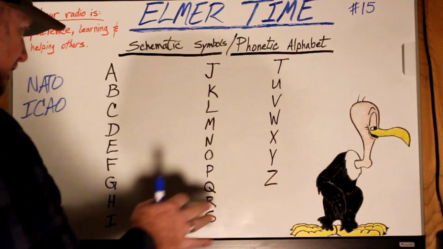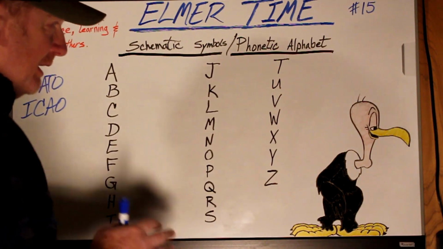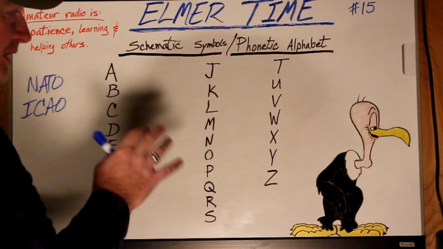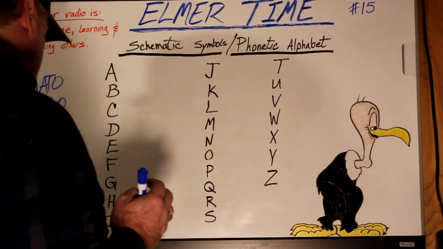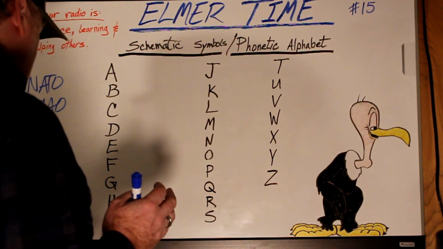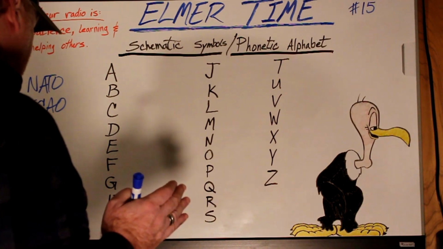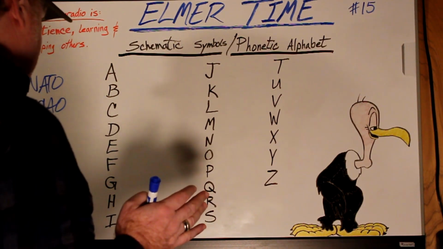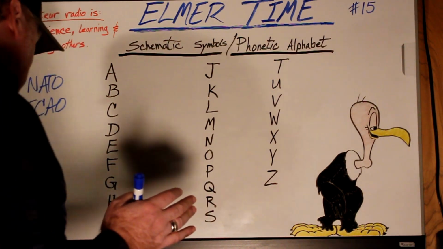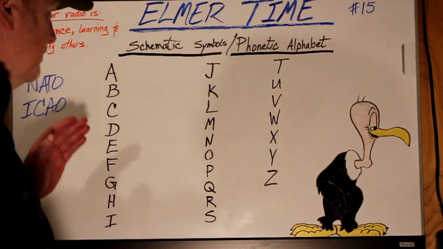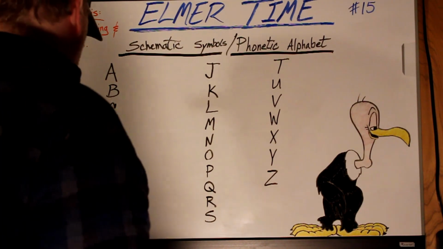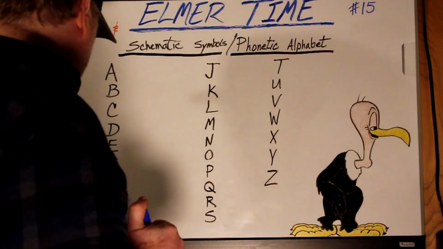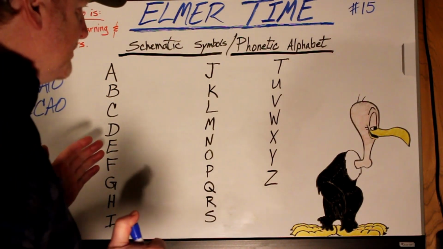This is the standard through the world, and it's used for radio communications while gathering info over the air when there's a barrier such as a different language or poor radio conditions. Spelling out the message, you'll have a better chance of making a 100% copied message.